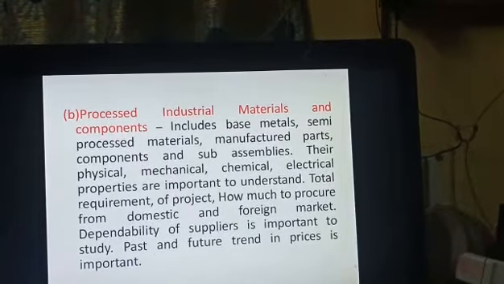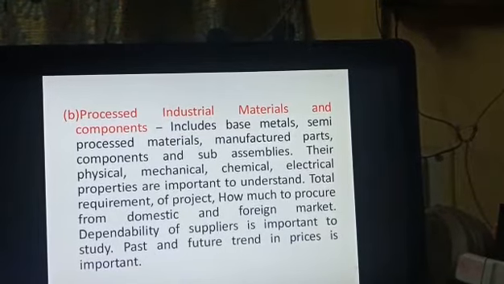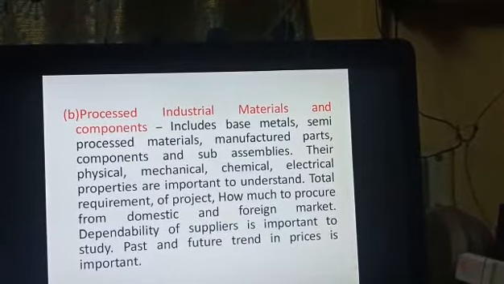Total requirement of the project, how much to procure from domestic and foreign market, and dependability of supplier is important to study. Past and future trend in the prices is also important, and that needs to be studied.